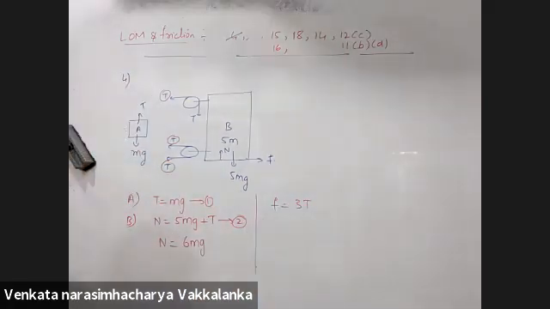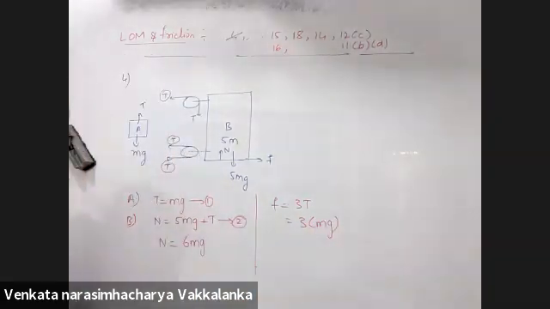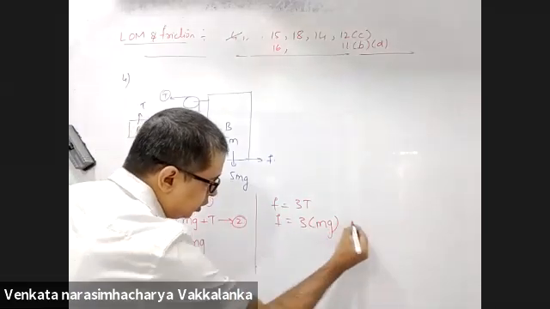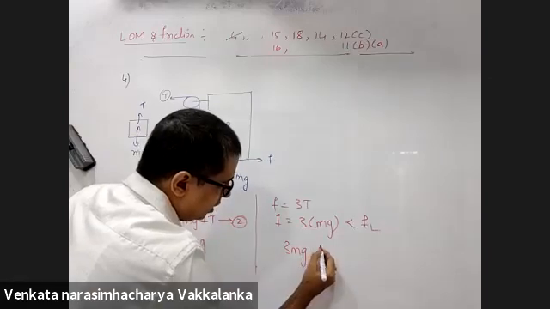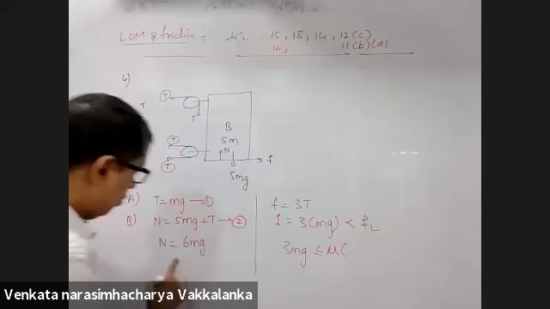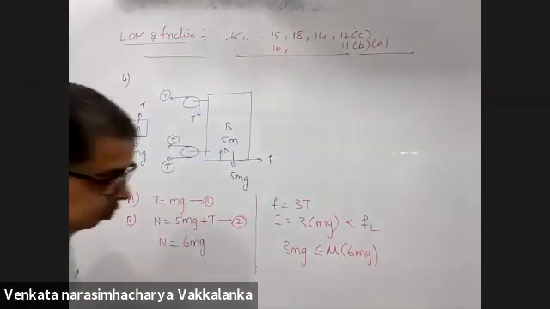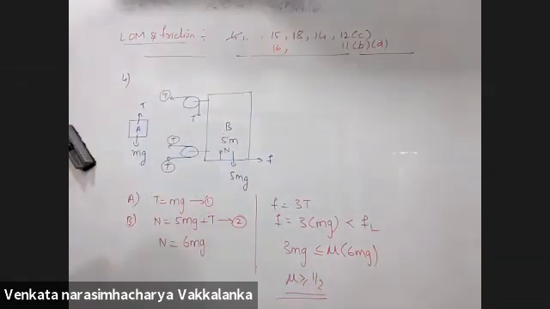Do you agree with that? 3T will be 3 times T, which is mg. Now, this friction F should be less than the limiting value of friction. 3 mg should be less than or equal to mu times the normal force, which is 6 mg. You are asking me mu should be greater than or equal to half.